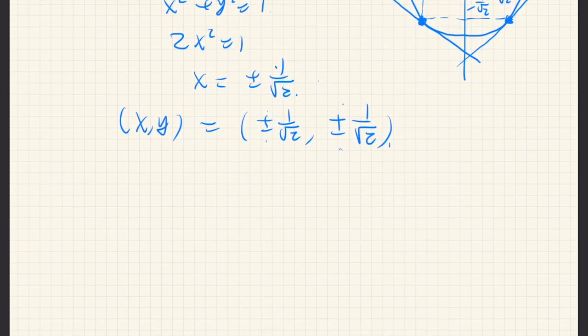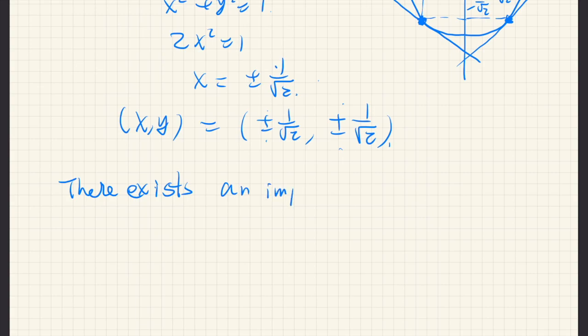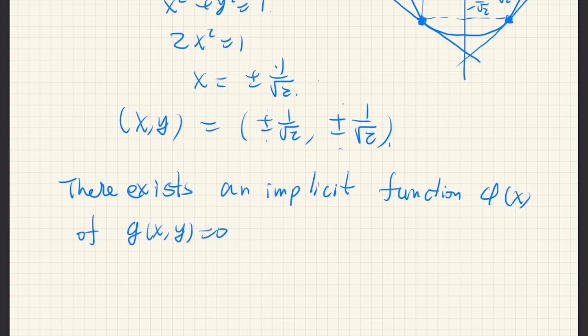So there exists an implicit function, say phi of x, of g of x, y equal to 0.